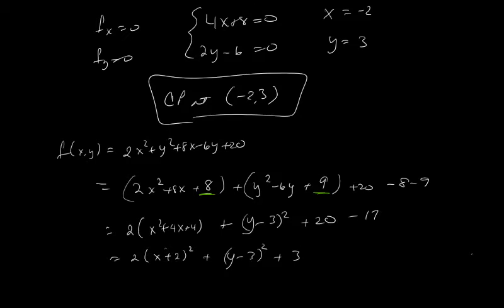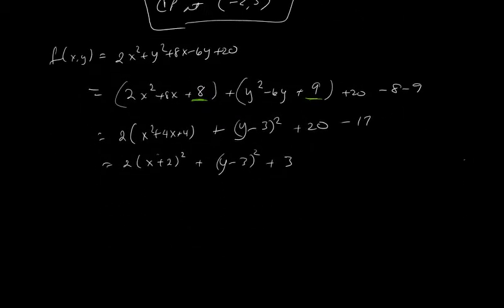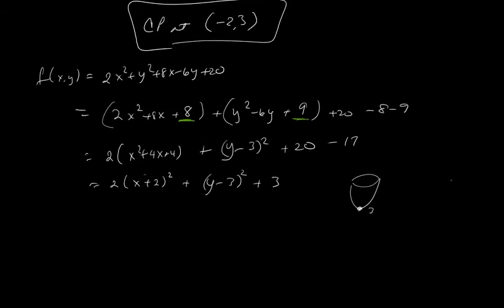So this is a paraboloid, and the paraboloid is opening up. At its minimum point, we have a value of 3. And how do we know what that value is? Well, you can simply plug in (-2, 3). So if we plug in (-2, 3), we find that z is equal to 2 times (-2 plus 2) squared plus (3 minus 3) squared plus 3, which is of course 3.